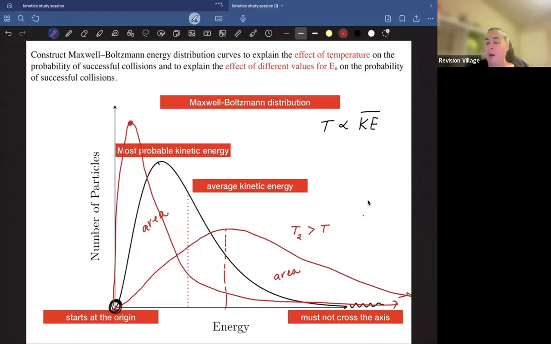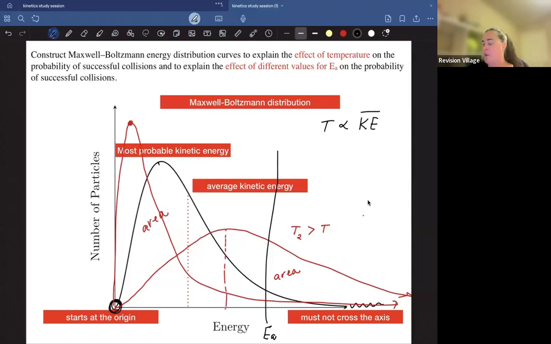If I wanted to show you how many molecules could successfully collide, then I would need to include one more thing on my graph, and that would be the activation energy. Conveniently, I have an axis that is energy. And so what I do is I just cartoon in some value that represents the activation energy.